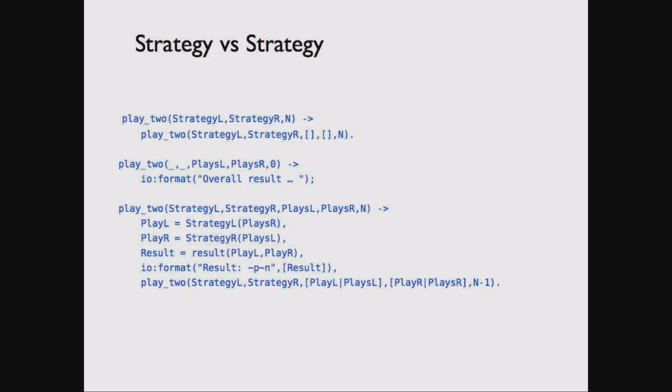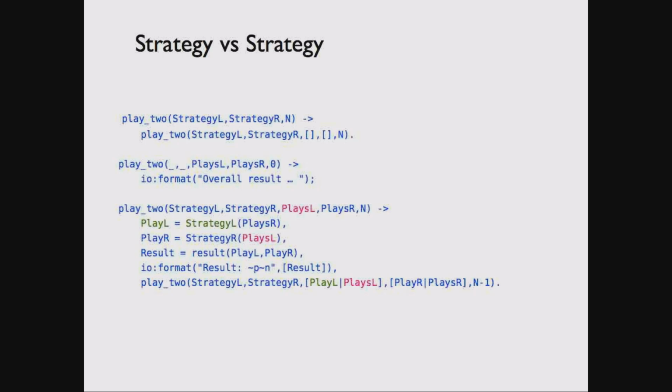But in the general case, when we've got n turns still to play, what happens? Well, let's look at what happens with the plays from the left-hand side. As one of the arguments, we have plays L, and you can see that gets passed to strategy R. So we get the next play for R by applying strategy R to plays L. Where do we get our next left play from?